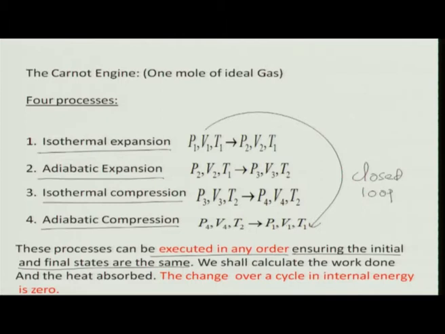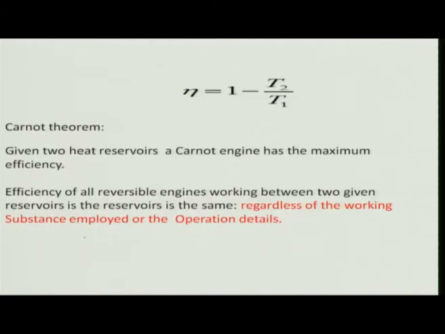We calculated the work done and heat absorbed, and internal energy being a state function, its change is 0. So, we did not really care about the internal energy. What did we find out? What is the remarkable result? The remarkable result is that the efficiency is 1 minus T2 by T1.